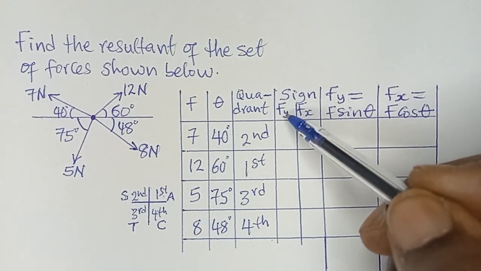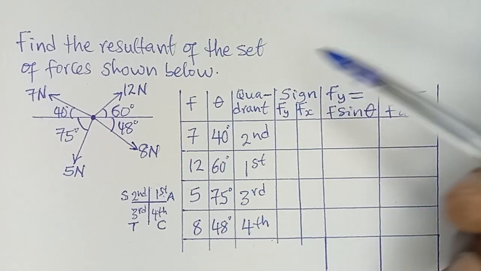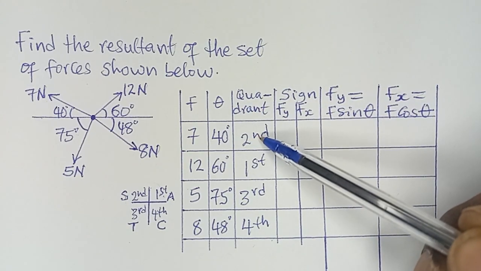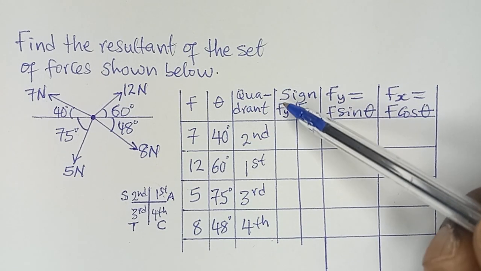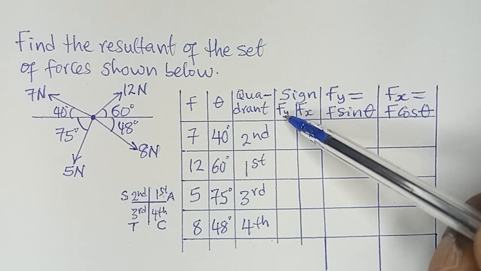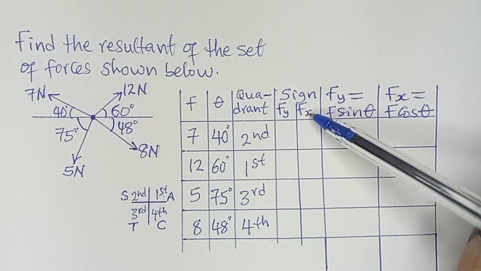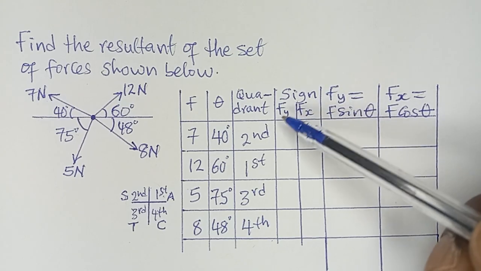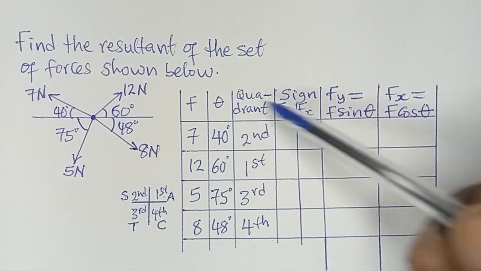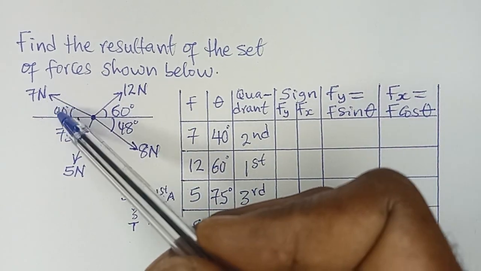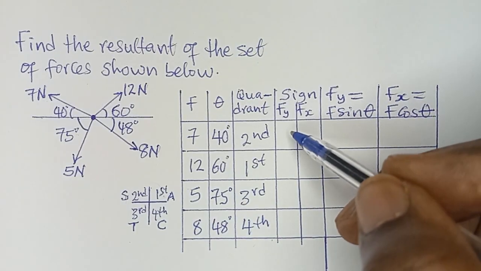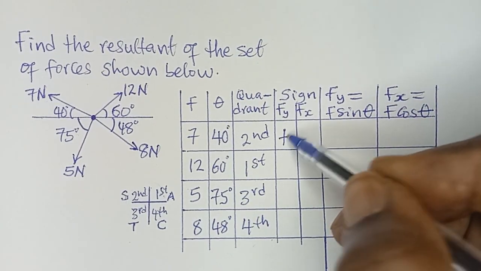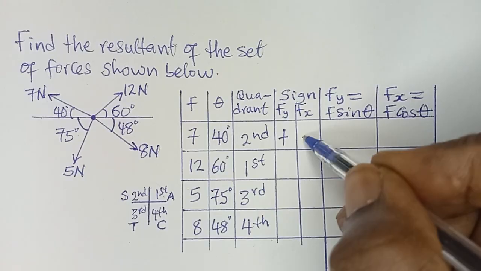F subscript y means the vertical component, and F subscript x means the horizontal component. So in this second quadrant, the vertical component is positive, while the horizontal component is negative.